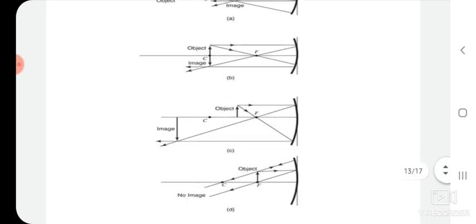In the next case, if O lies in between 2f and f, the image is inverted, larger than the object, and located at a distance greater than 2f.